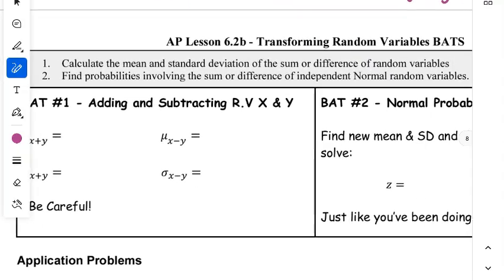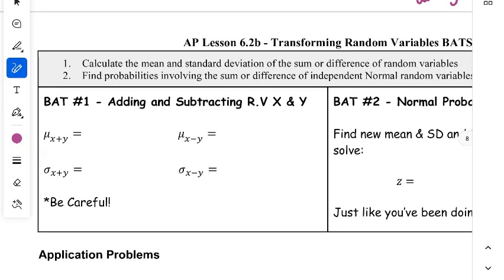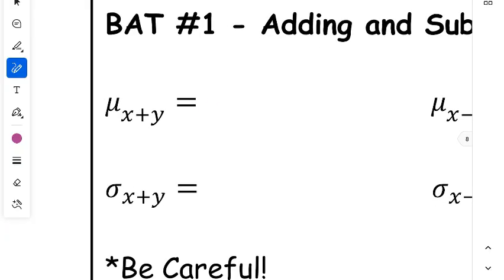All right, so let's summarize, and then you'll do the application problems. When we add or subtract random variables x and y to get a new random variable, a new situation, then the mean is found by adding the mean of x and the mean of y.